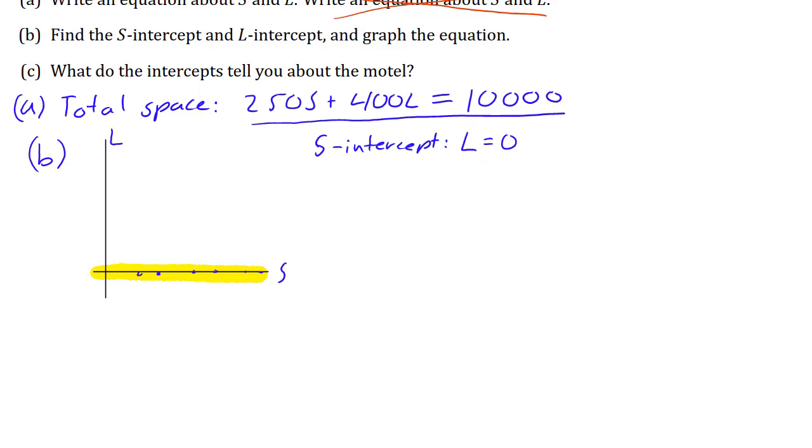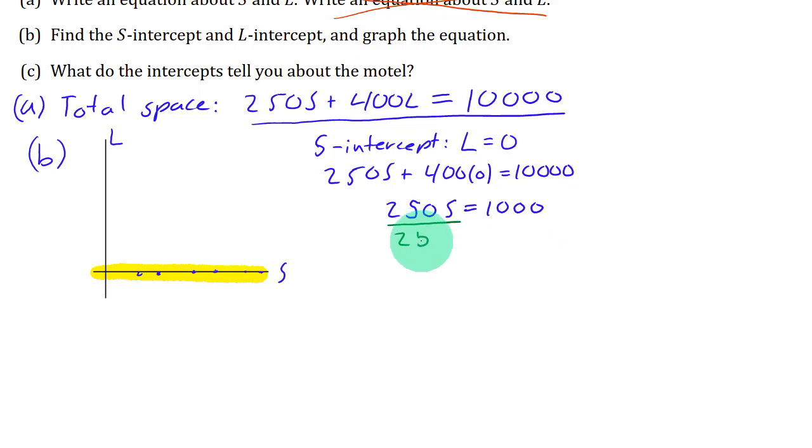So that's going to be 250 times S plus 400 times 0 equals 10,000. 400 times 0 is just 0, so this just gives you 250 times S. Unfortunately, my S's look like 5s, so sorry about that. Then we're going to divide both sides by 250 to get S by itself. 10,000 divided by 250 is 40.